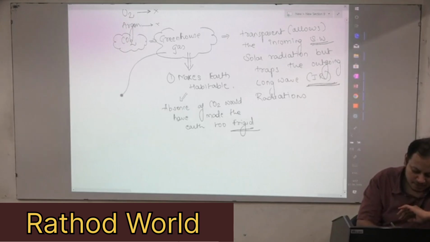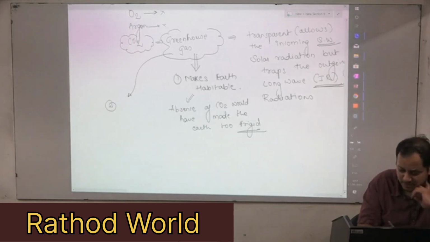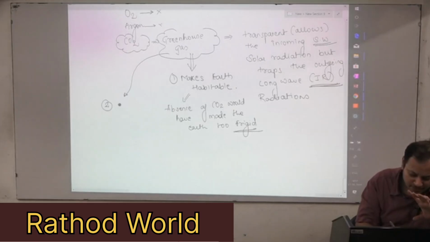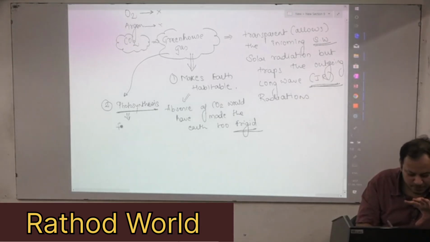Second importance of the greenhouse gases or carbon dioxide is, in general, the carbon dioxide is the gas that is responsible for photosynthesis. And because of the photosynthesis, there is food production on the Earth, which supports the life.